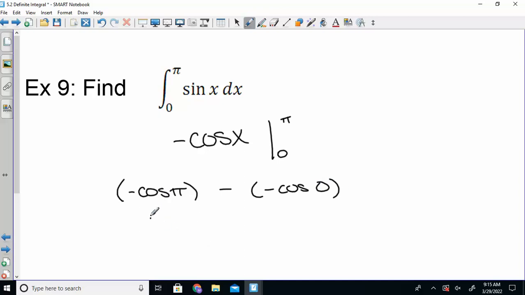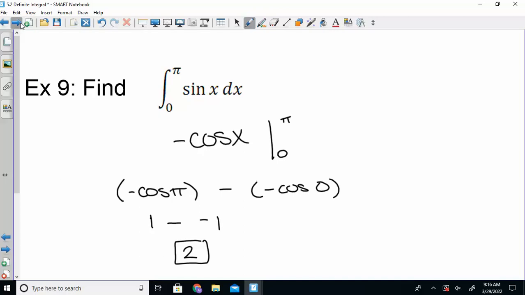Cosine of pi is negative 1, so the opposite of negative 1 is 1. Cosine of 0 is 1, so minus negative 1, and we get 2. So this is the exact same thing we were doing on questions 10 through 14 on last night's homework. Just takes a fraction of the time by doing the antiderivative.